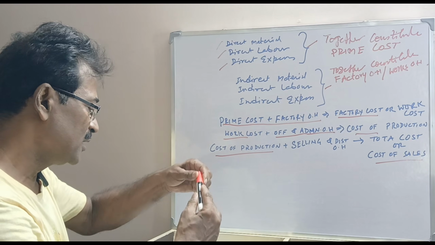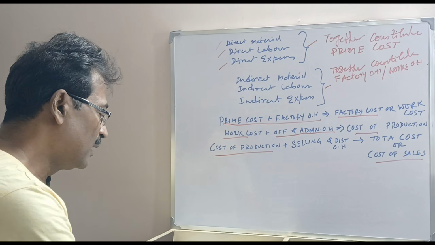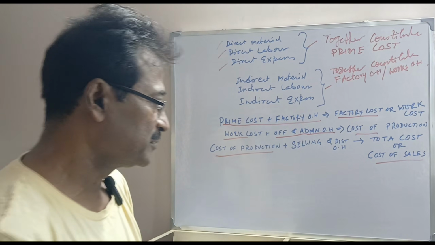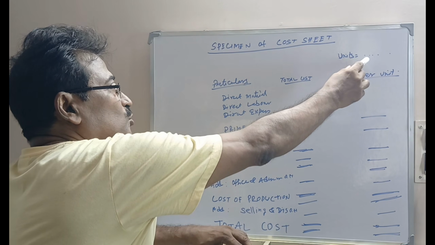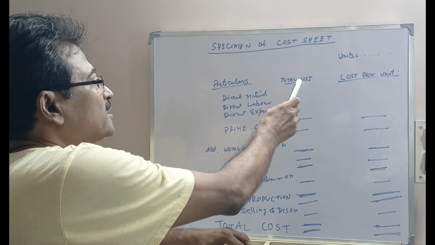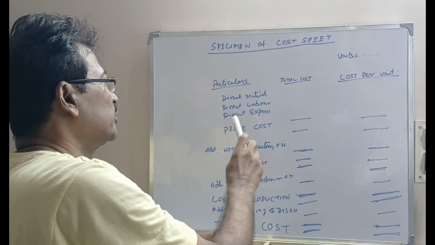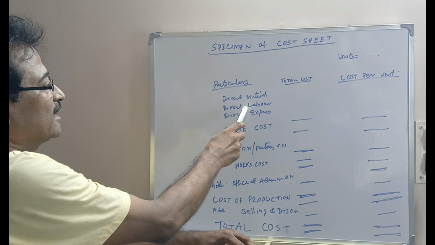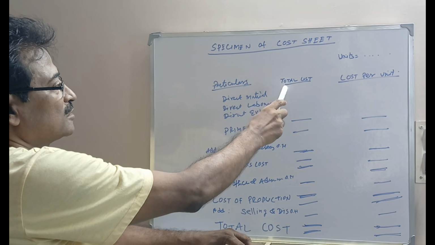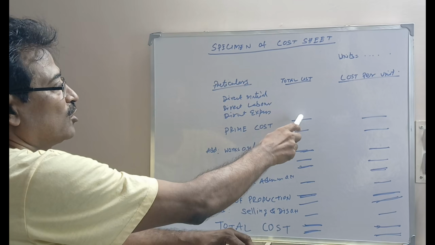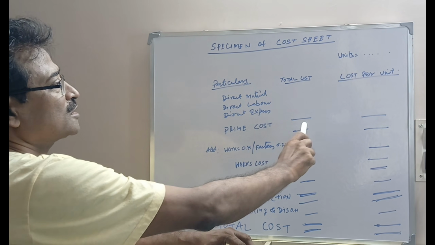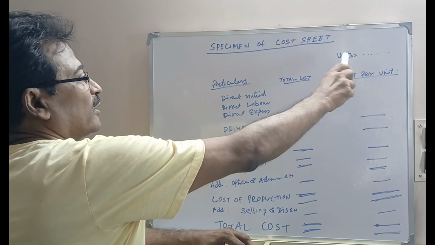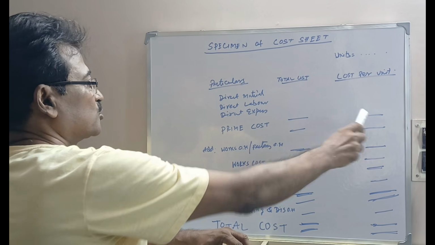Now let us see the specimen of a cost sheet. So here is a specimen of cost sheet. There is total units, particulars, total cost and cost per unit. Say direct material, direct labor and direct expenses, individual cost and total cost. This is called prime cost, and divide this prime cost by total units, we will get cost per unit.